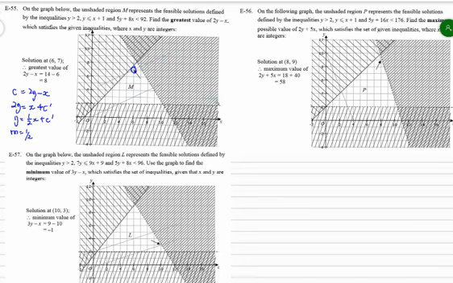Now if you look at question 56, you want the maximum value. So c is equal to 2y plus 5x, so 2y equals minus 5x plus c prime.